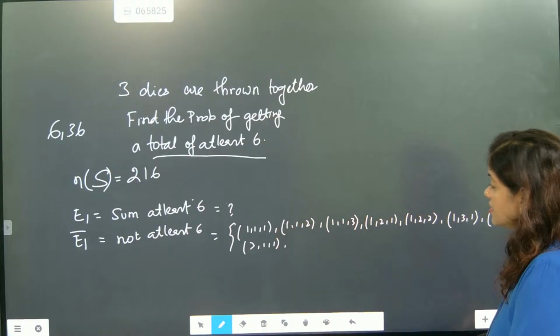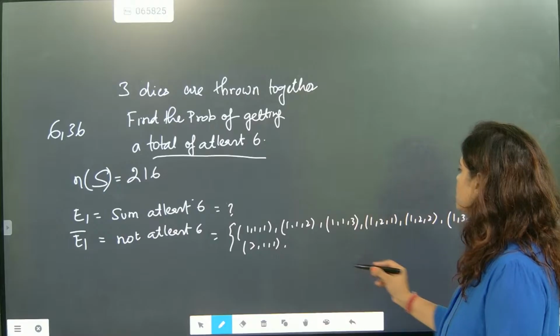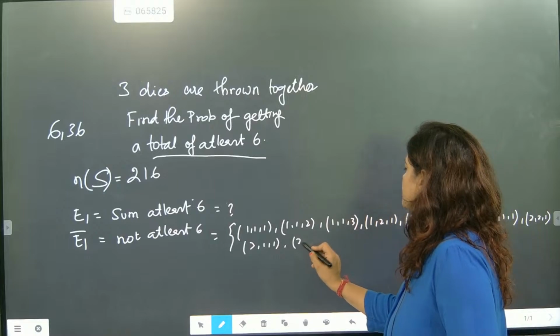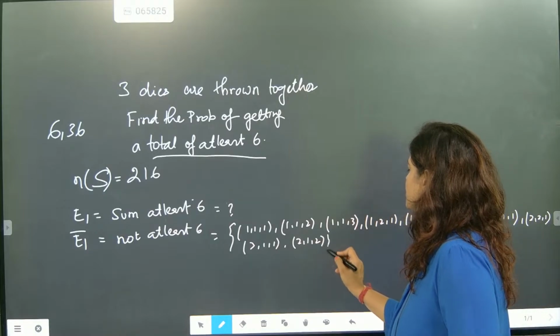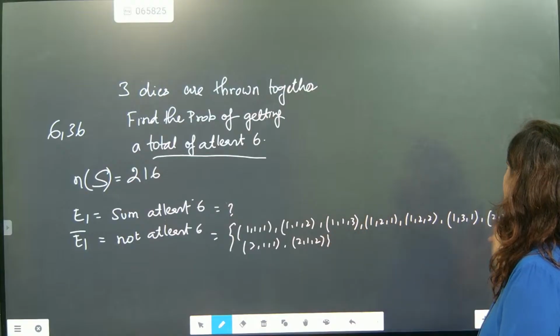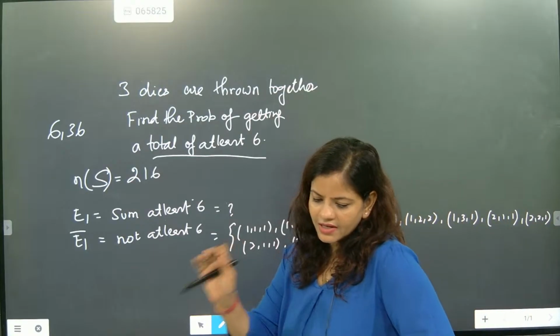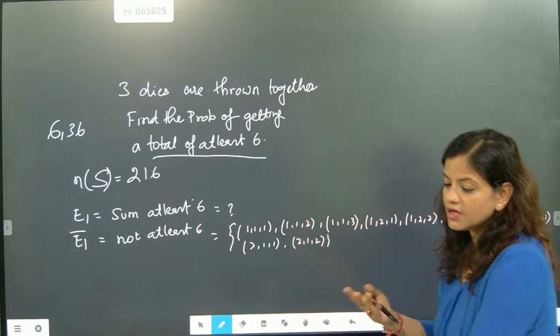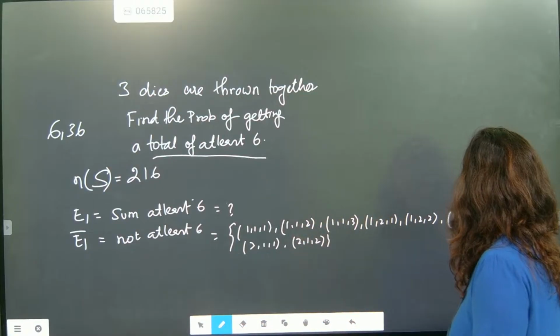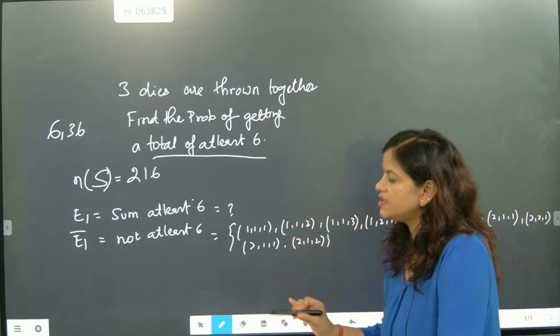Now any number missing here? 211 is there, 221 is there, 212 is also possible, because 5 is coming. Now we count: 1, 2, 3, 4, 5, 6, 7, 8, 9, 10. Exactly 10 is coming. More than this are not possible, because if we go with 312, 331, 321, everything is greater.